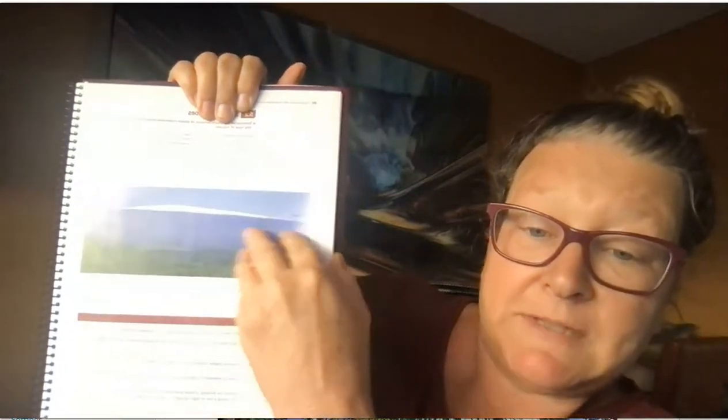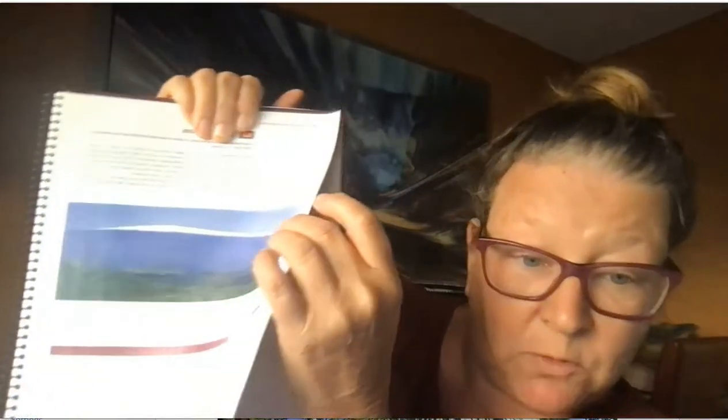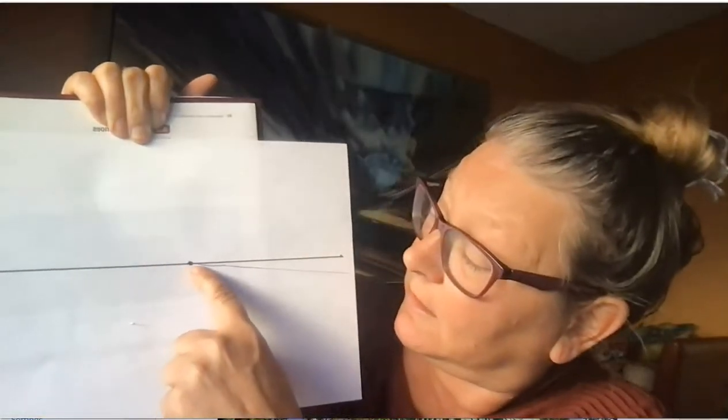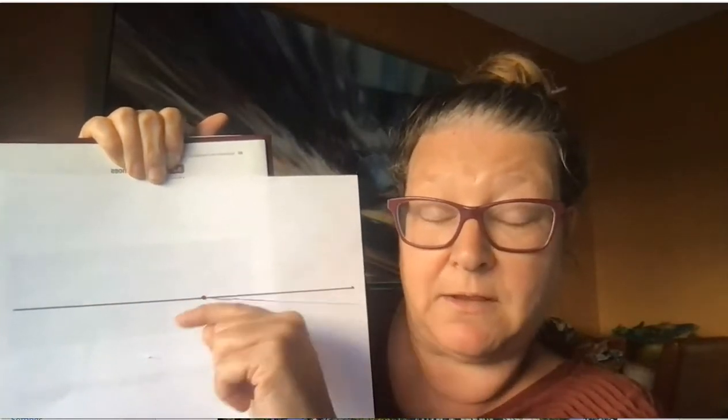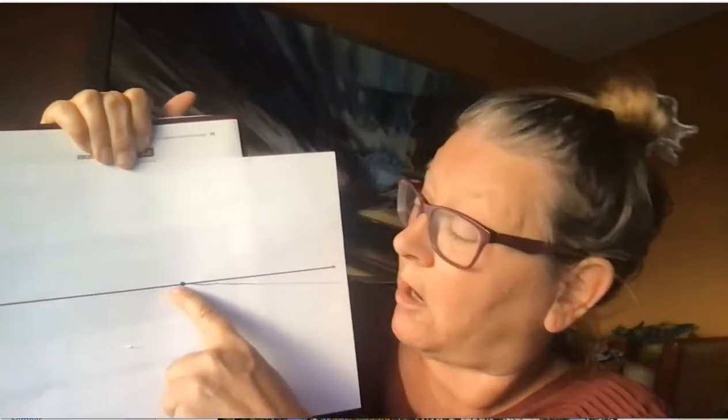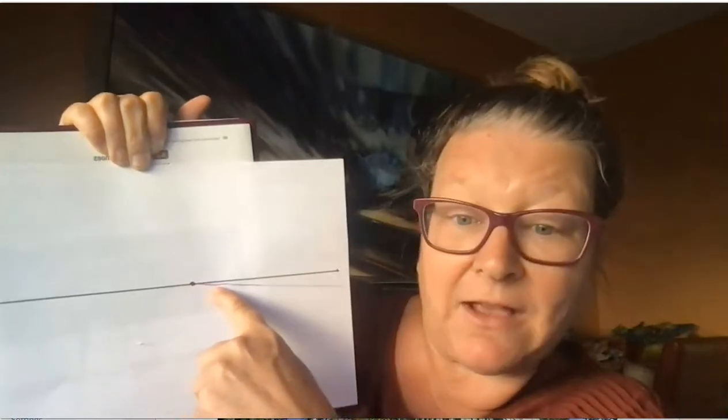Now, if you take a single page and you hold it up to the window, you can see through it really easily, and you can put this over it. You can sketch the slope of the volcano. As long as the black line is parallel to the horizontal line that they put on there for you, then you can draw this angle. Okay. I then took a ruler and I extended it nice and straight across the page.